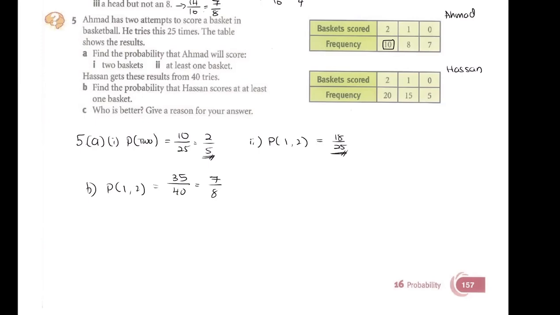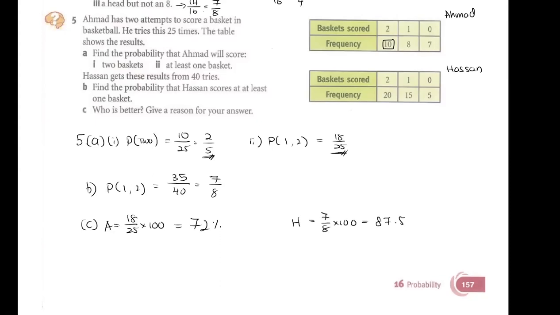So who is better? Give your reason for your answer. Normally I want to compare who is better. I compare in percentages. So Ahmad is equal to 18 over 25 times 100%, which is 72%. And then Hassan is 7 over 8, 87.5%.